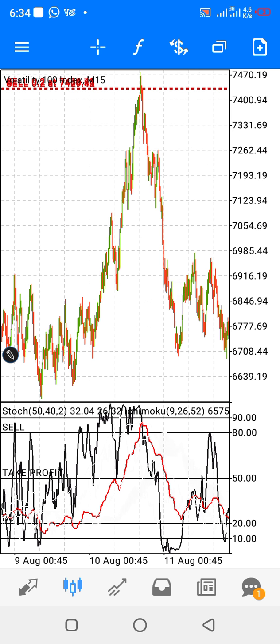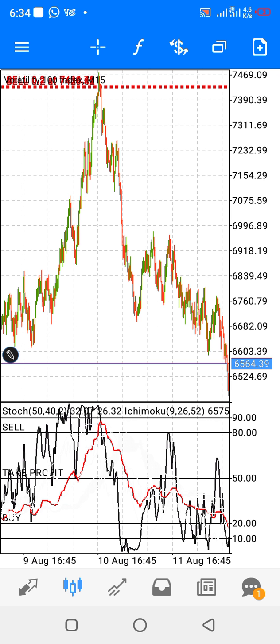What I am trying to do here is that the indicator is only telling you where the market is going. Is it bullish or bearish? Is it going upward or coming downward? In trading, if you are able to predict that, that is all the trick.